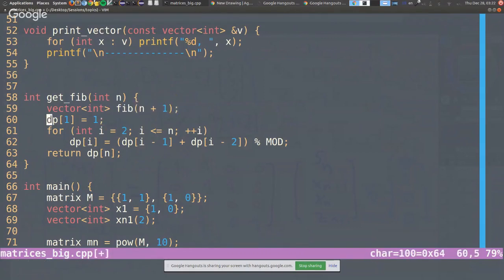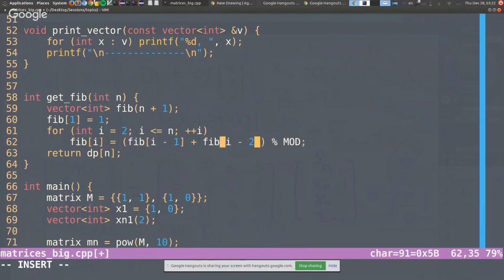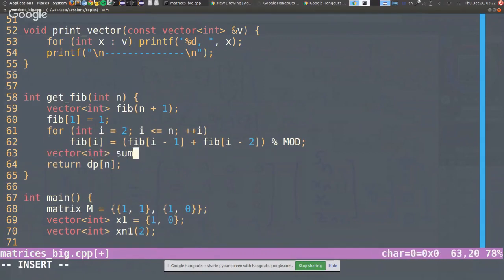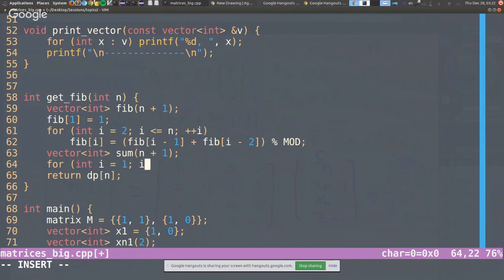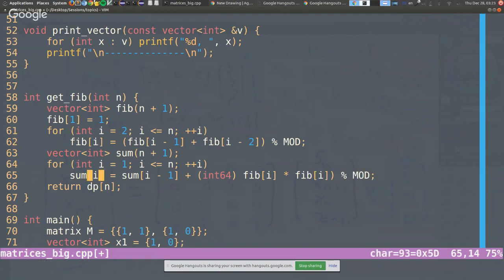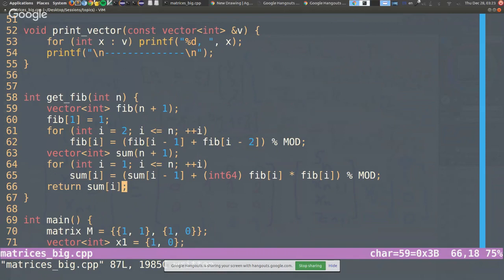So this is the dynamic programming part. And here we'll have the sum that we want. So this is the sum that we wanted.